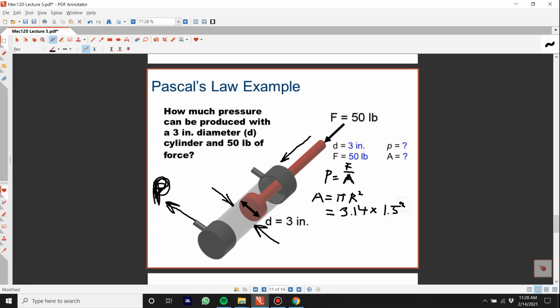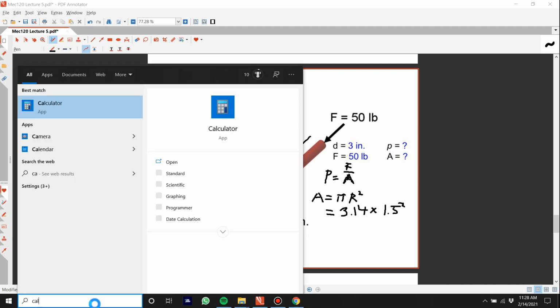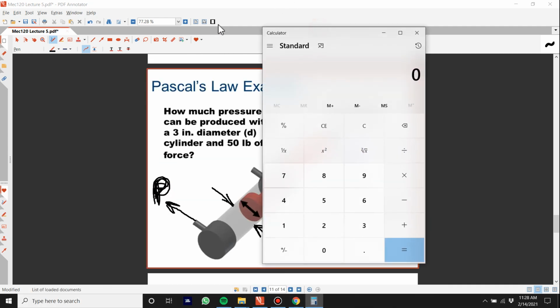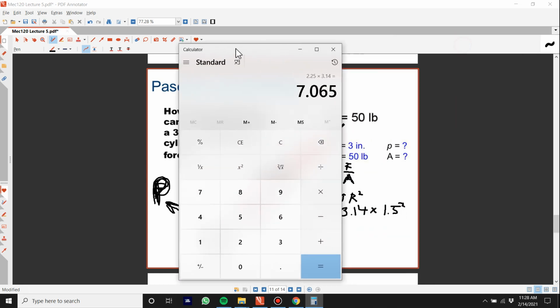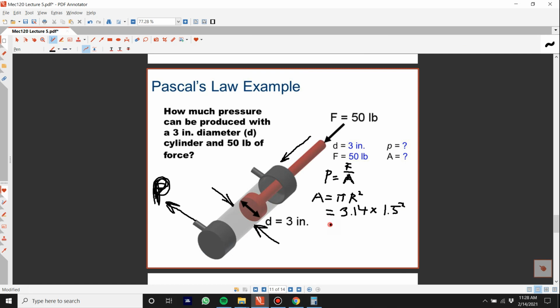Squared. Alright, let's try this calculator. 1.5 squared. I'm going to double check that, because 1.5 multiplied by 1.5 is 2.25, multiplied by 3.14 gives me 7.065 inch squared.